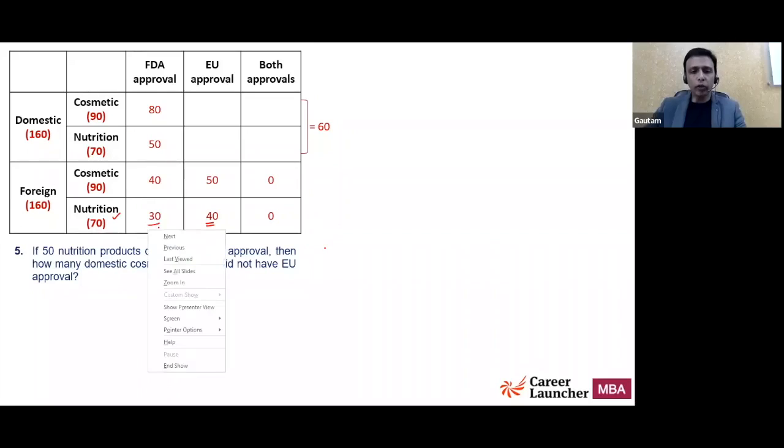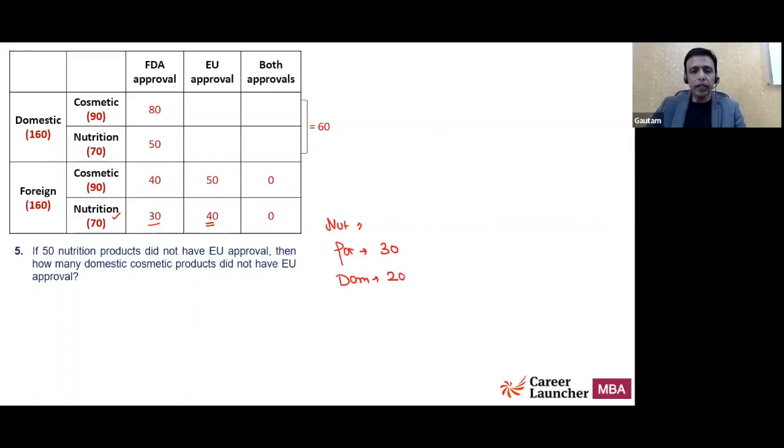So out of the foreign products that did not have EU approval in terms of nutrition would be 30. That means in domestic there will be 20 which would not have EU approval. So out of this 70 nutrition products, 20 would not have EU approval. That means the remaining 50 will have EU approval.